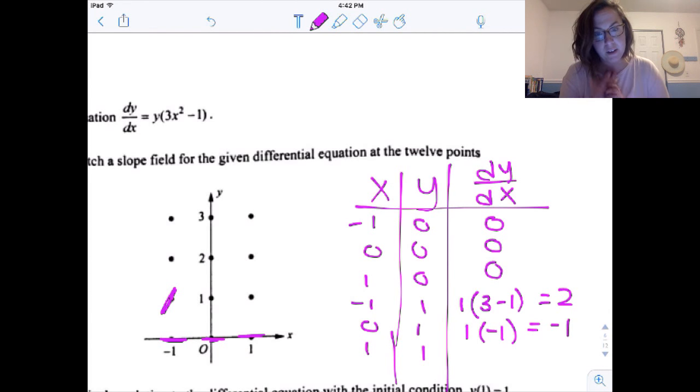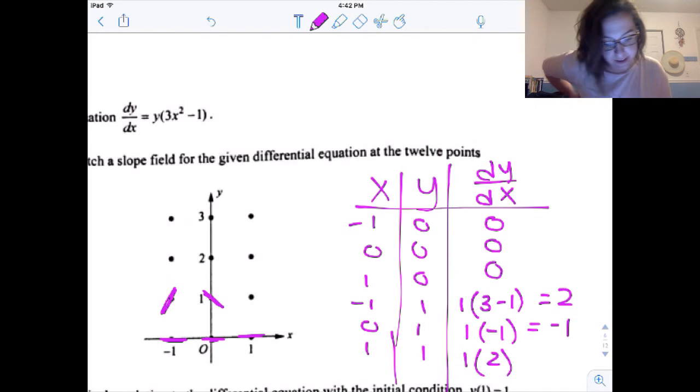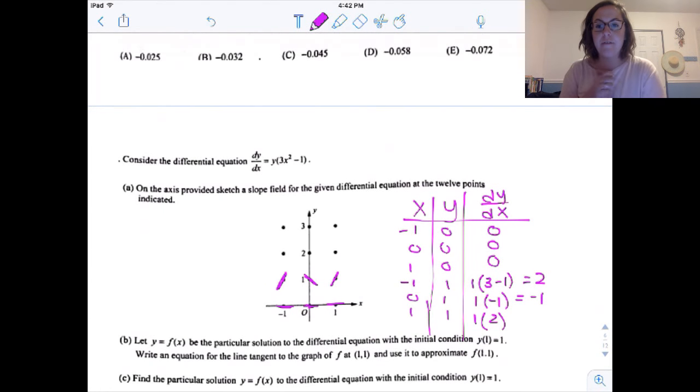So going downhill, that kind of slope. At (1, 1), I would have 1 times positive 2. Again, this would be a slope of positive 2. So parallel to my original slope. Okay, keep going like that. I'm not going to finish all of these right now because I have faith that we could probably find the rest of the values.